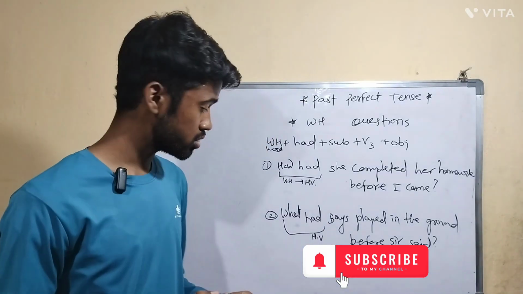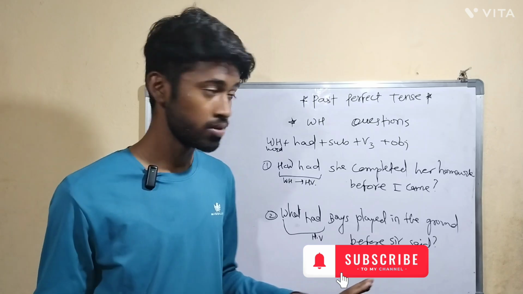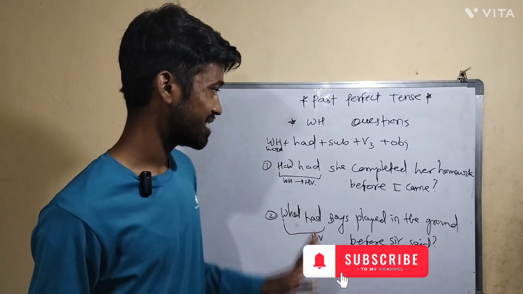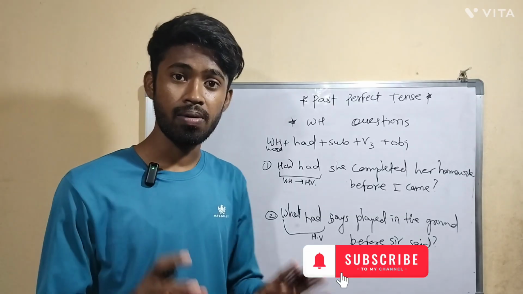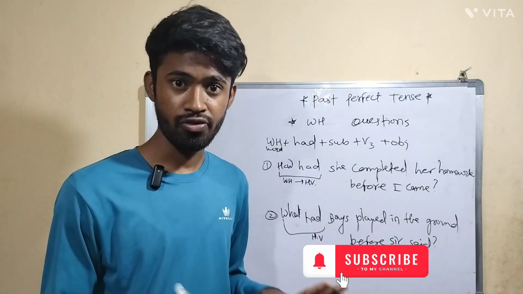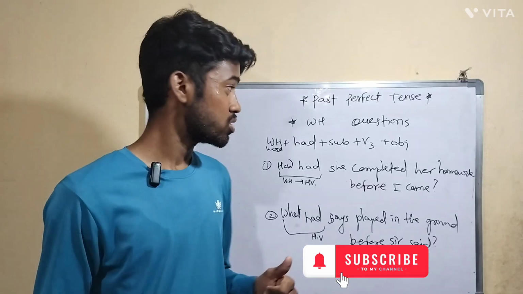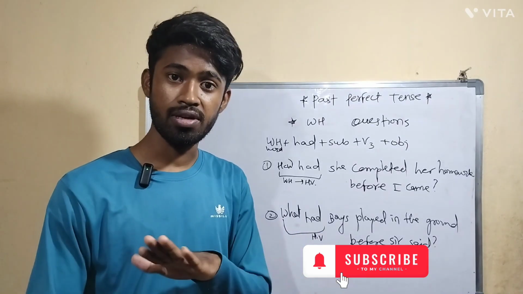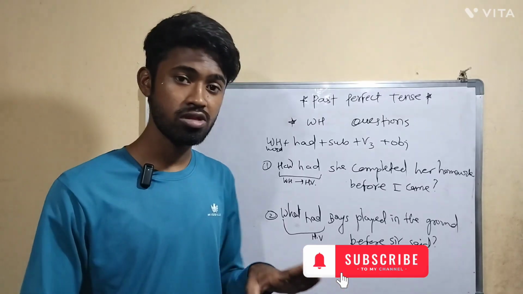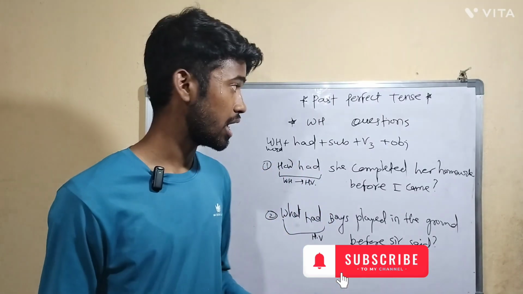If you are not using a helping verb after WH words, then it is totally wrong. Make sure you practice like this, and make notes of whatever you watch here. Then only can you revise it. If you don't revise, you will not remember and after a few days you will be blank. So note it down in your notebook.